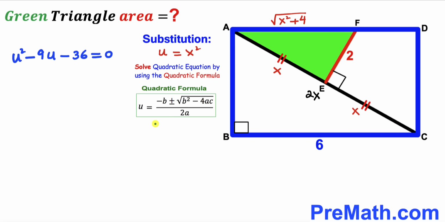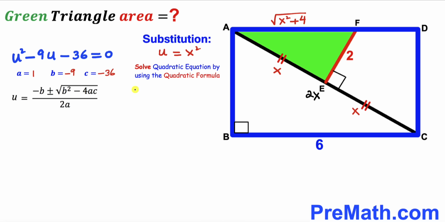And here's the quadratic formula that we will be using. And here our coefficient A value is 1, coefficient B value is negative 9, and the constant C value is negative 36. Let's go ahead and fill in the blanks in this quadratic formula.